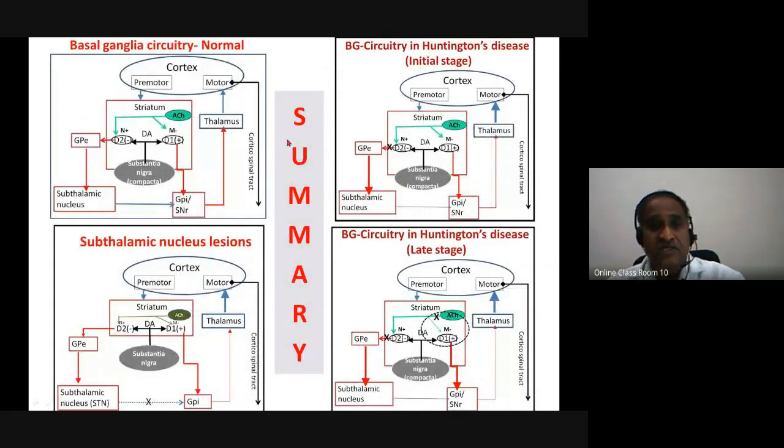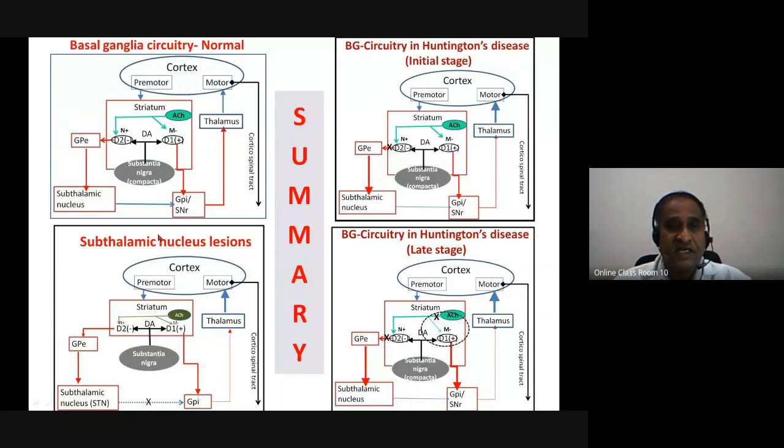Now, to summarize, I have put these circuits together. One is the basal ganglia circuits. We have the direct circuit, striato-pallido-thalamo-cortical, and the indirect circuit, striato-GPe-subthalamic, where the subthalamic nucleus is involved. This is a direct path.